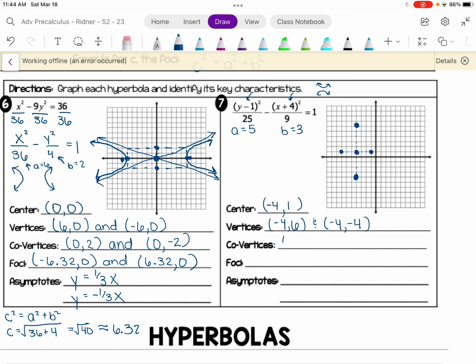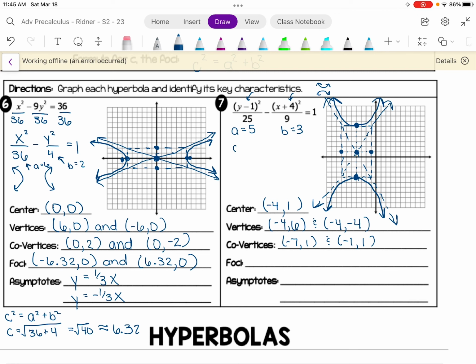And the co-vertices were left and right. If I make a rectangle around those 4 points, I don't really know how to describe that properly. My asymptotes are these guys. So it goes through the center and through the corner of those rectangles. So now I can accurately draw my hyperbola.